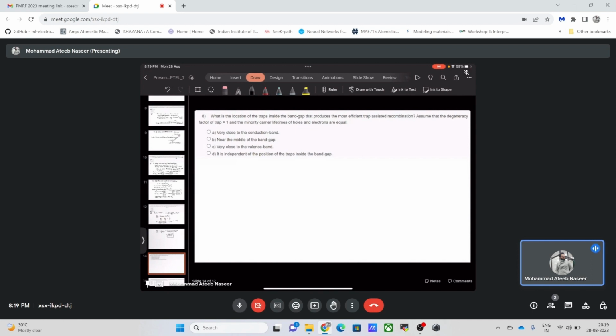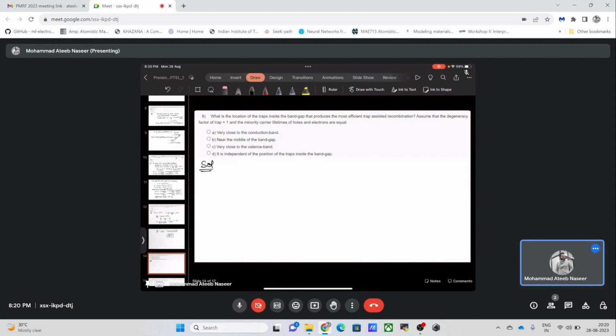So now this same problem that we yesterday studied, and on this problem we had spent quite a lot of time while discussing how these traps help us in the recombination and generation mechanism, how they act as an intermediate state to help us, for example, move from first floor to the second floor, or from second floor to the first floor, by providing us steps to move in small increments or small decrements.